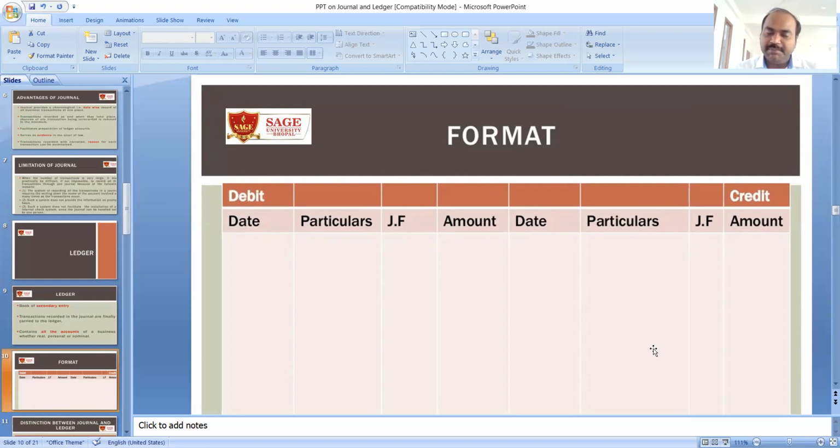Both on the debit and credit sides, we have to make the entries, and according to the type of the account in the journal entry, we have to post them here.